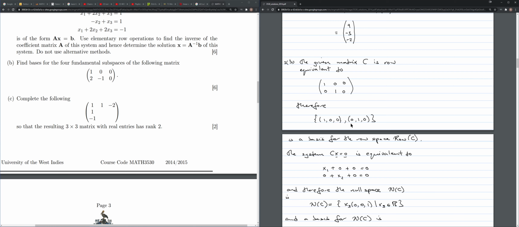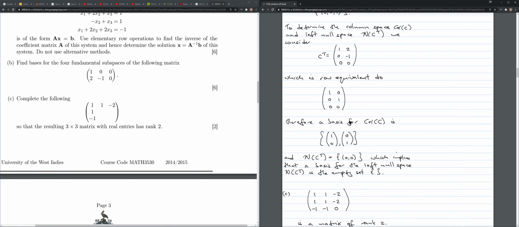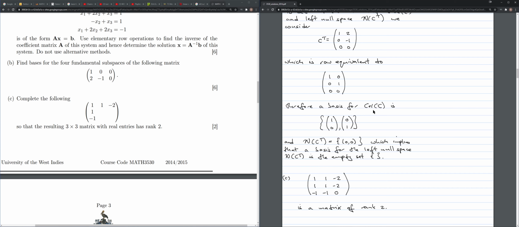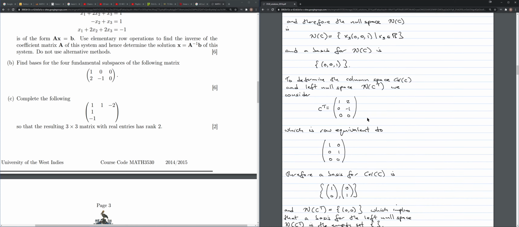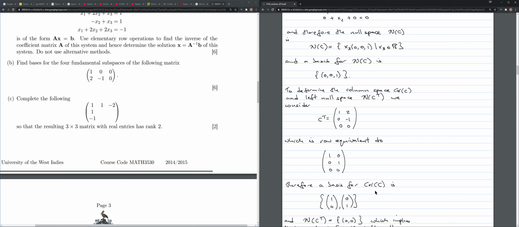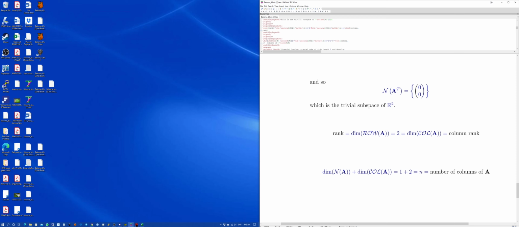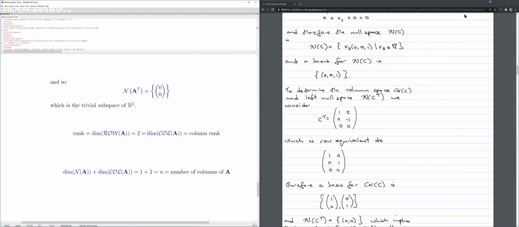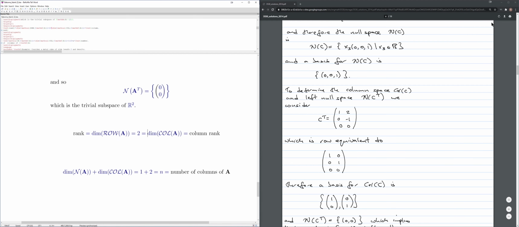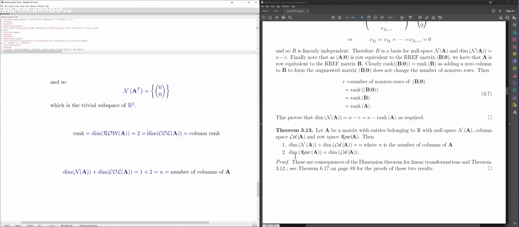One more time, the dimension of the row space is 2 because I have two basis vectors for my row space, and the dimension of the column space is 2 because I have two vectors in the basis for the column space. Both are equal, and that satisfies the second part of theorem 3.13.